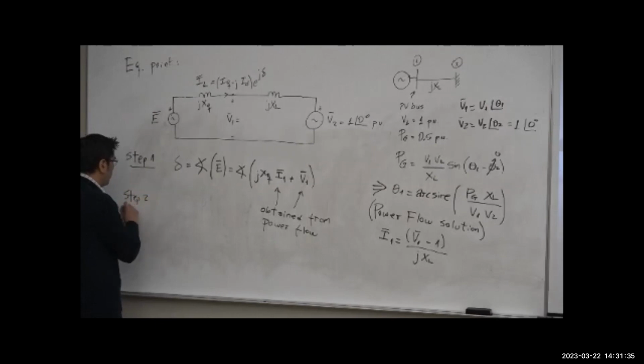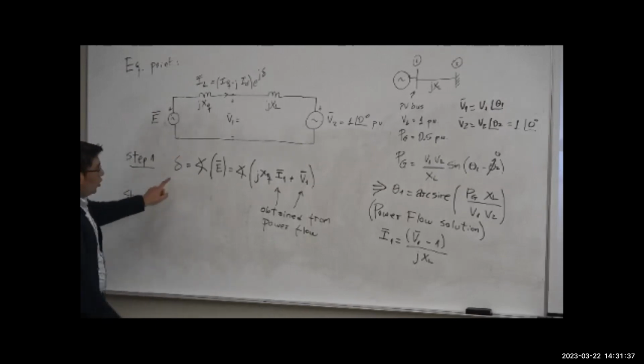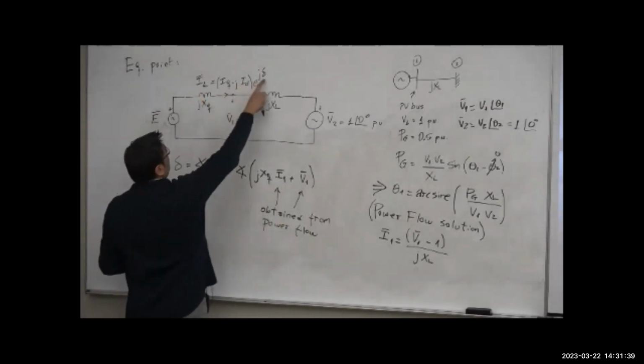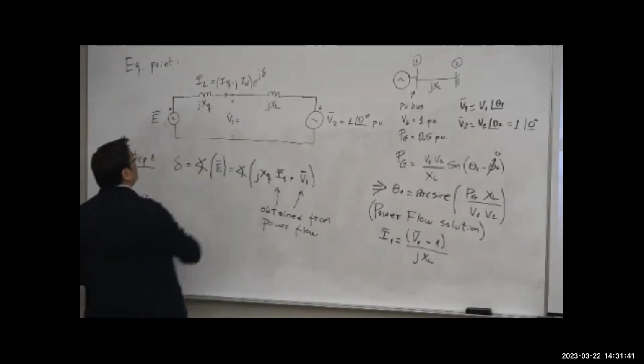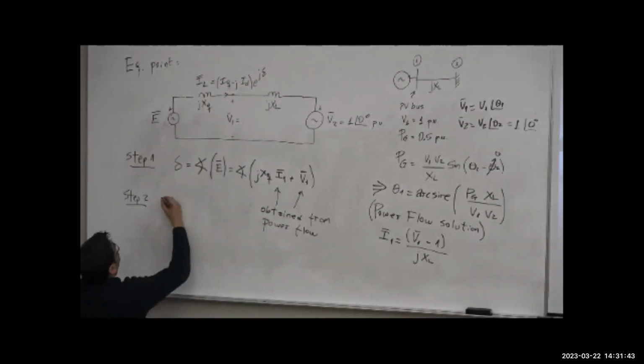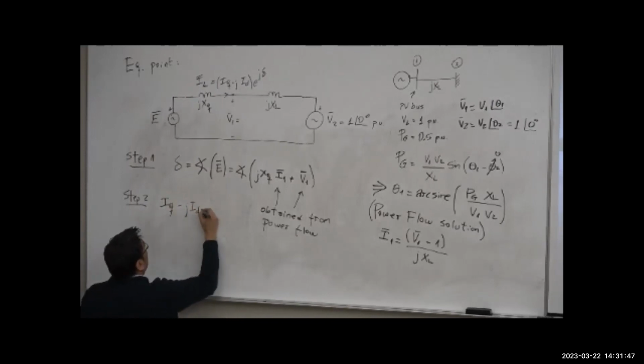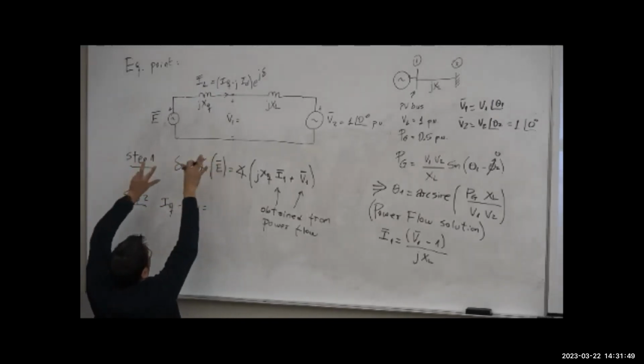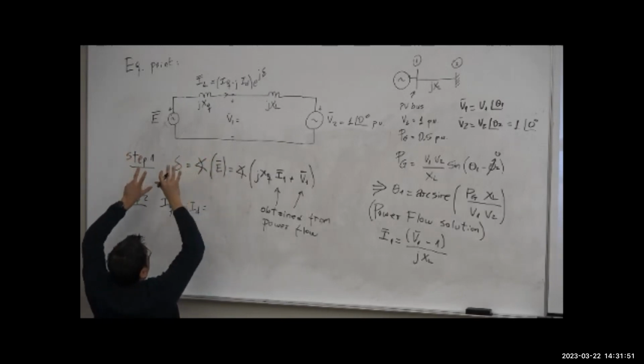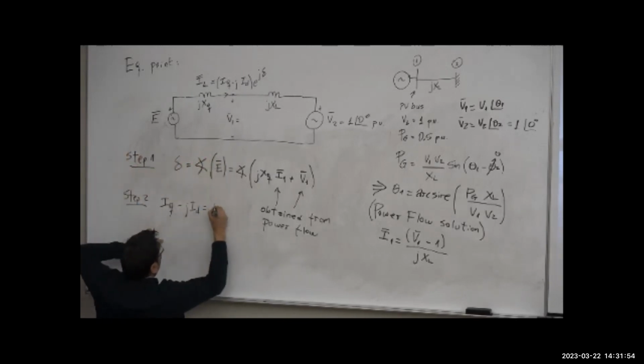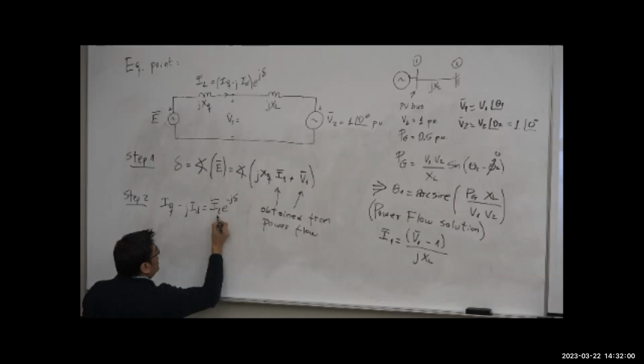Step 2: as we know the current and we know the angle delta, we can solve for this. So that's basically IQ minus jID. We're going to multiply that equation by exponential of negative j delta. So that is I1 multiplied by exponential of negative j delta. You know I1, you know delta, so this is given.